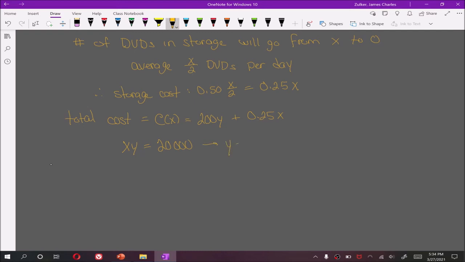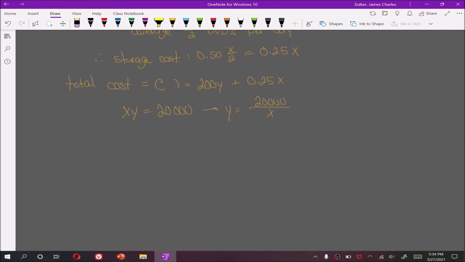Solving for Y, we get 20,000 divided by X. So C of X will be 200 times 20,000 over X plus 0.25X. So this is 4,000,000 divided by X plus 0.25X.